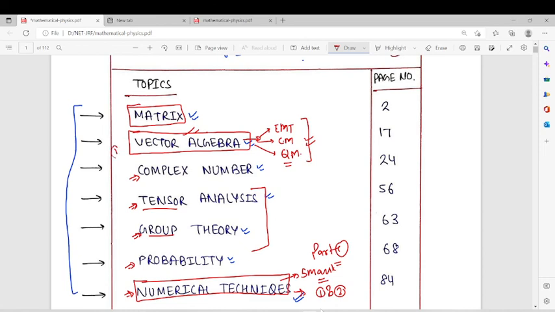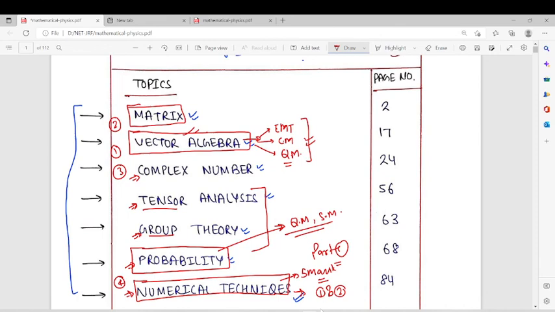The remaining four topics are very important: number one is vector algebra, second is matrix, third is complex number, and fourth is numerical technique. Probability is also very important because it is mostly used in quantum mechanics and statistical mechanics, and most physics questions are based on probability, like in electronics also.